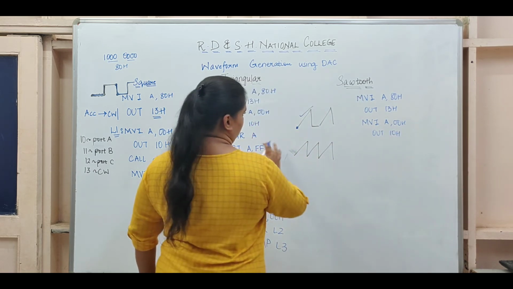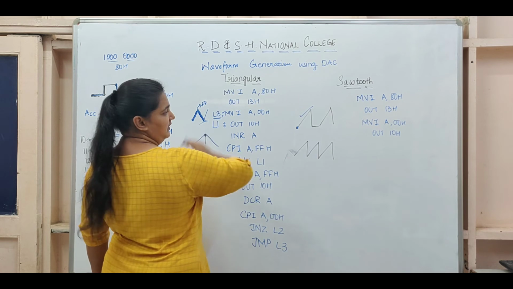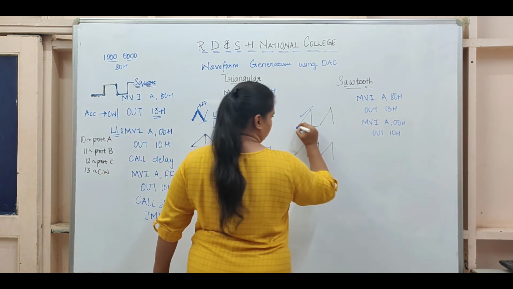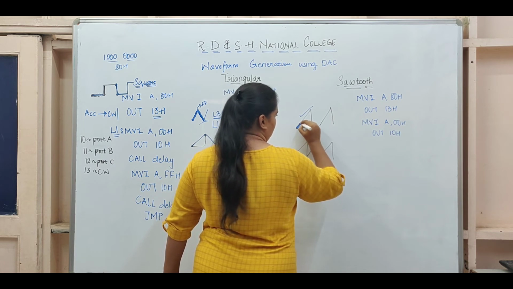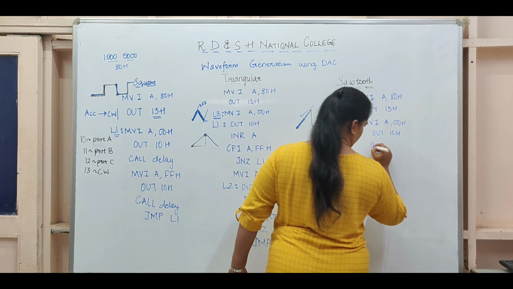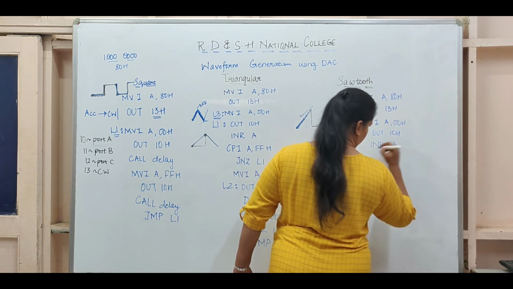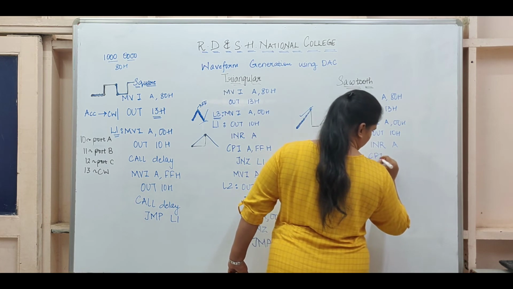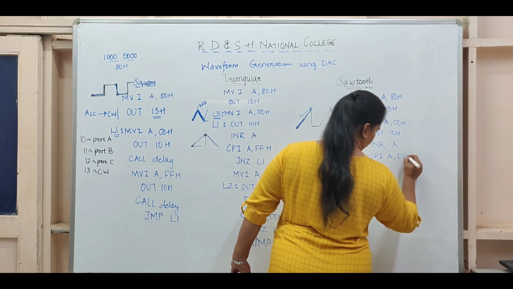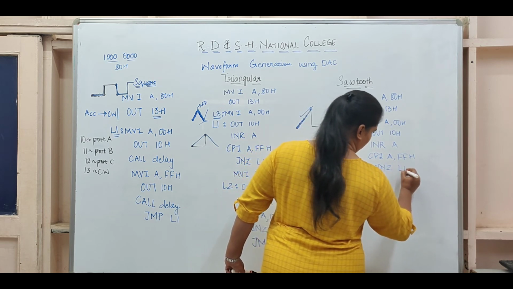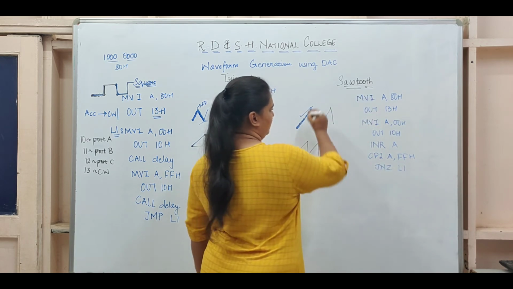Now if you see, this is similar to the increment side of triangular wave, because I need to increase and output, increase and output till FF. So what I do is increment accumulator till FF. Compare it with FF till it is not 0, because the minute the two become equal, that means I've reached the maximum.